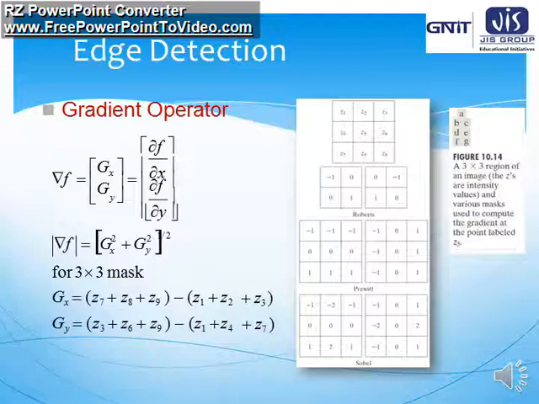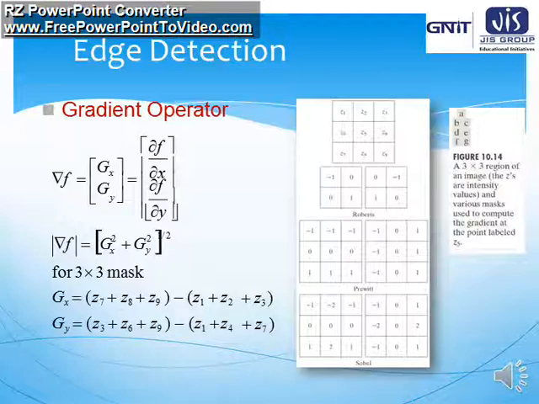Now we consider these 3 masks: one for Roberts, another for Prewitt, and the last one for Sobel. So there are lots of examples of masks. In case of Roberts, this is a 2x2 mask, whereas for Prewitt and Sobel, this is a 3x3 mask.